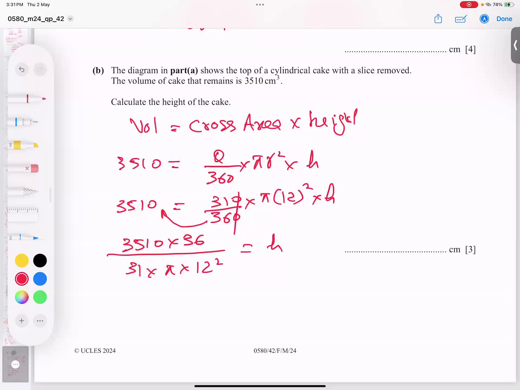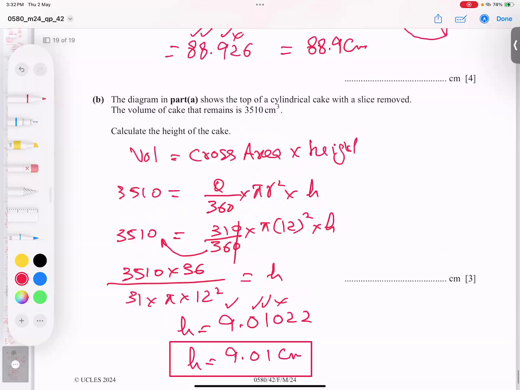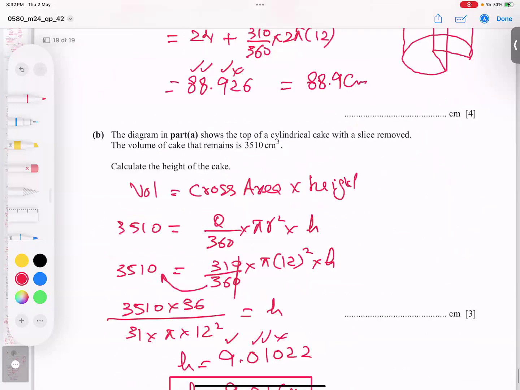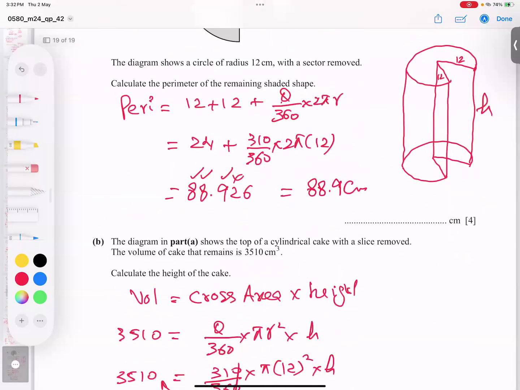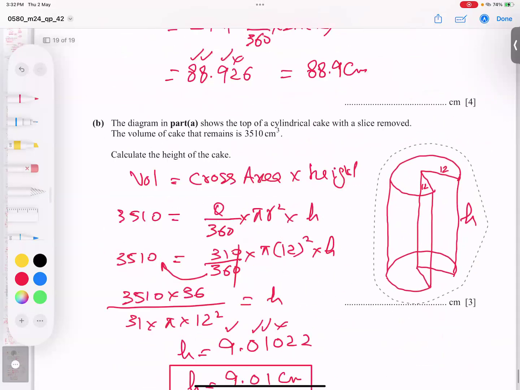And the answer turned out to be 9.01 and so on. So the height is 1 point something centimeters. So Alhamdulillah Rabbil Alameen. The last part was a little tricky, but I believe you got the point very clearly, very well. So this is a prism.